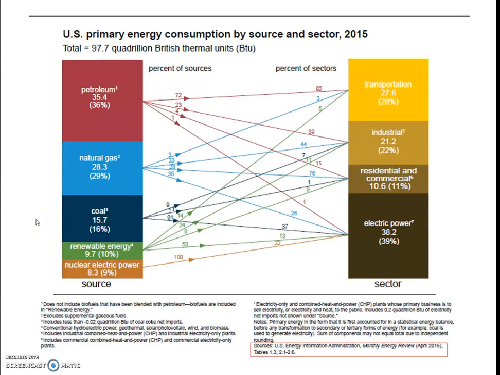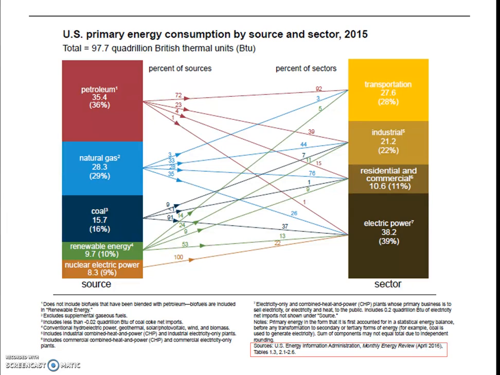Anyway, let's get back to coal. Look at coal on the left-hand side of this diagram. About 91% of the coal we use in the United States is for electricity generation. So if we want to wean ourselves off coal, we need to use less electricity. We can all do that.